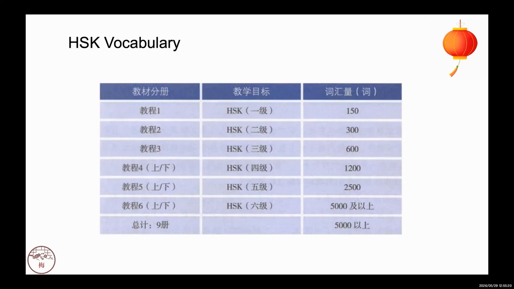If you are going to be an investigator, or if you want to read ancient documents, ancient Chinese, you may need more than 5,000 characters. That corresponds to HSK 6, the top level.